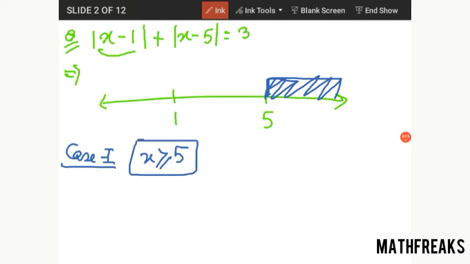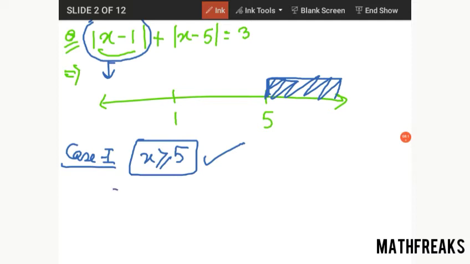Now have a look at the equation. We are taking x greater than or equal to 5. So can you tell me what will be the value of this mod for case number 1? This mod will be always positive, right? x minus 1 will be always positive for this case. Since it will be always positive, we are going to open the mod without any sign change.